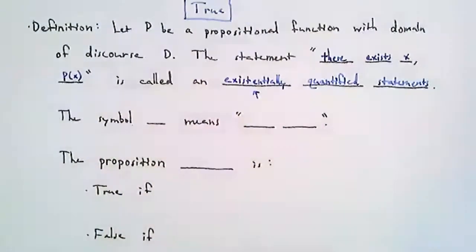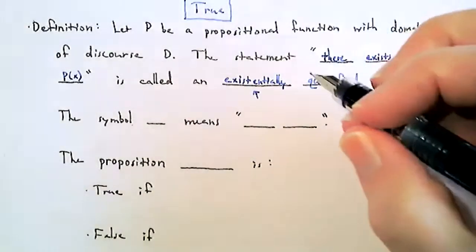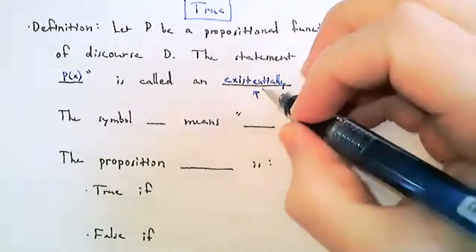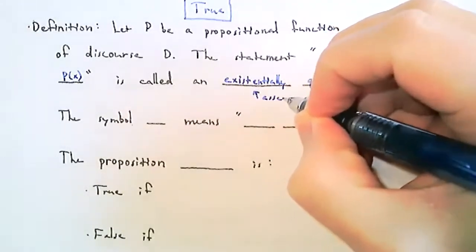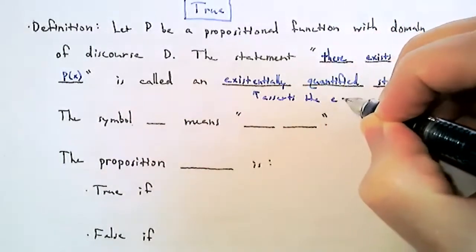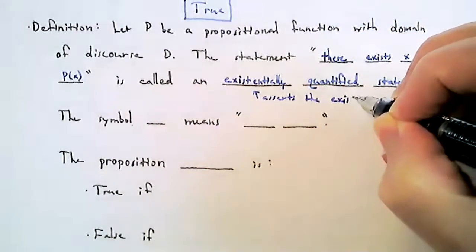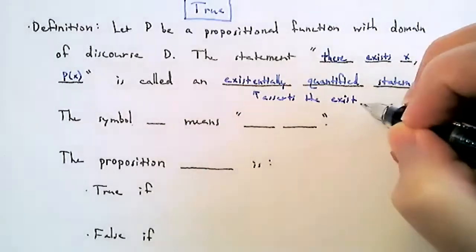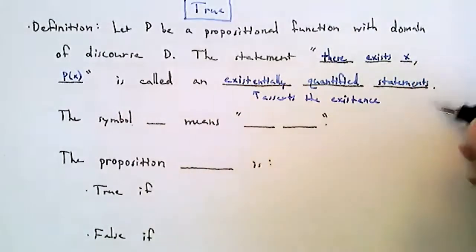That's why we use this word existential, not referring to existentialism or any sort of abstract philosophical thing. It just asserts the existence of some object or some idea or something.